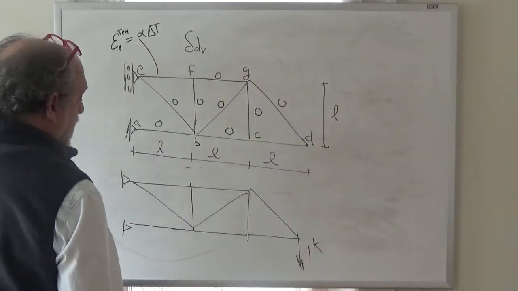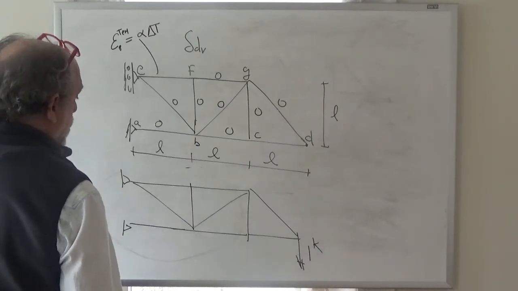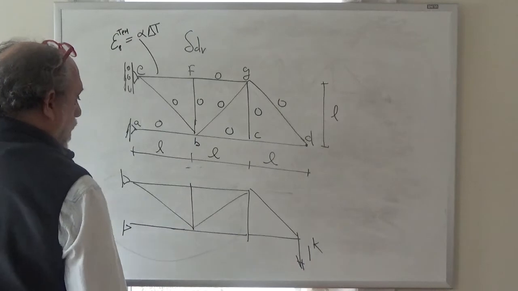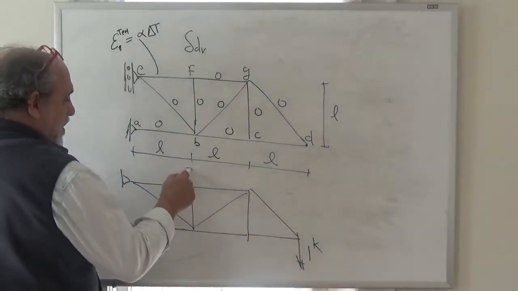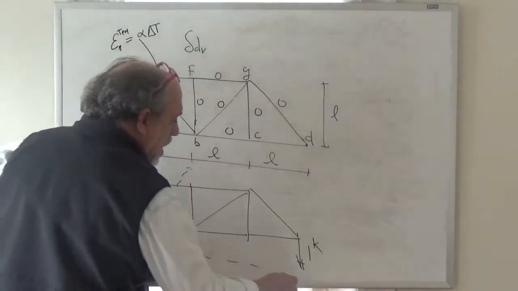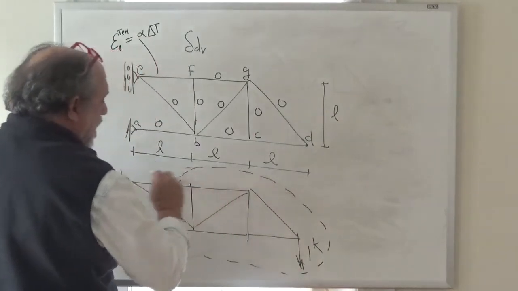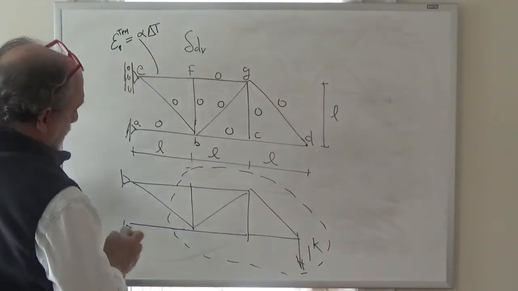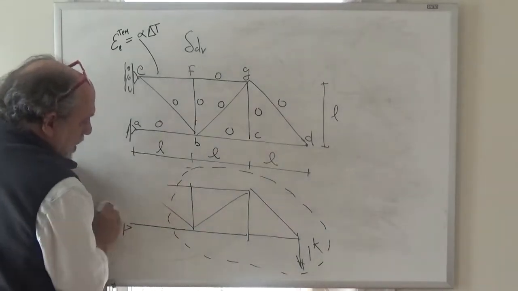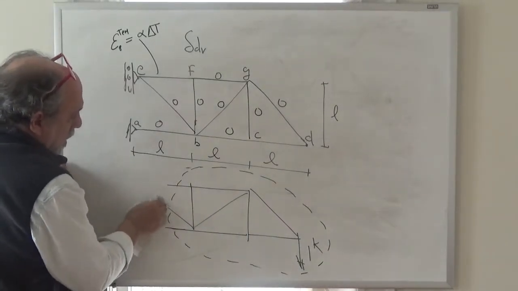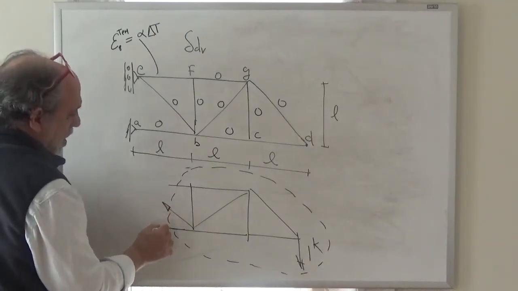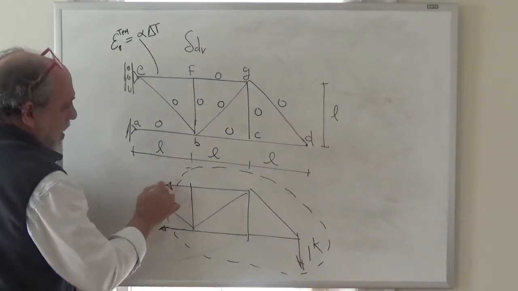I only need the axial force over bar EF, because all the others will be multiplied times 0. So to calculate the bar force over EF, we simply do what? We could take, for example, this free body, right? And in that free body, I will do this. And so that free body would show a bar force here, a bar force here, and a bar force here, right?